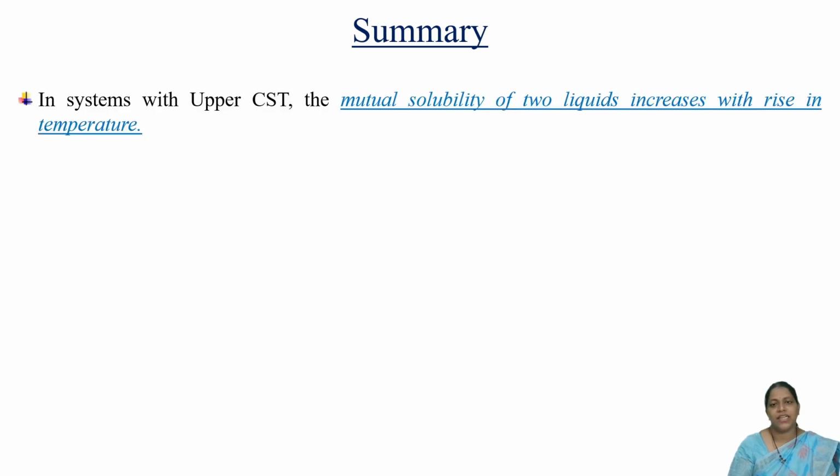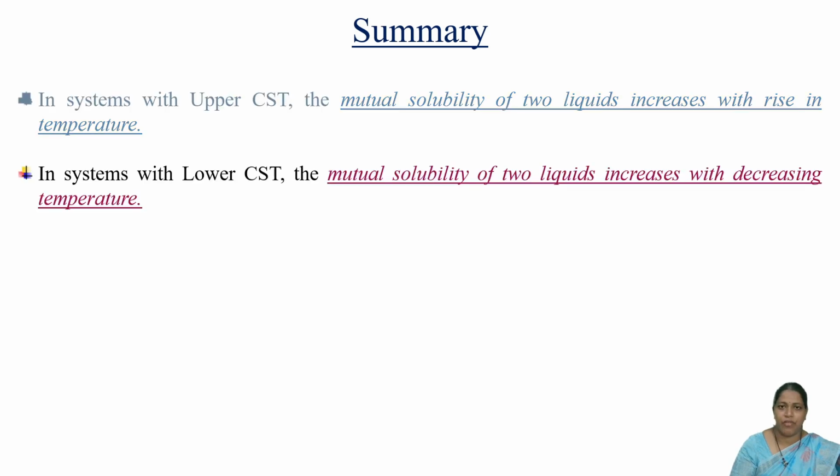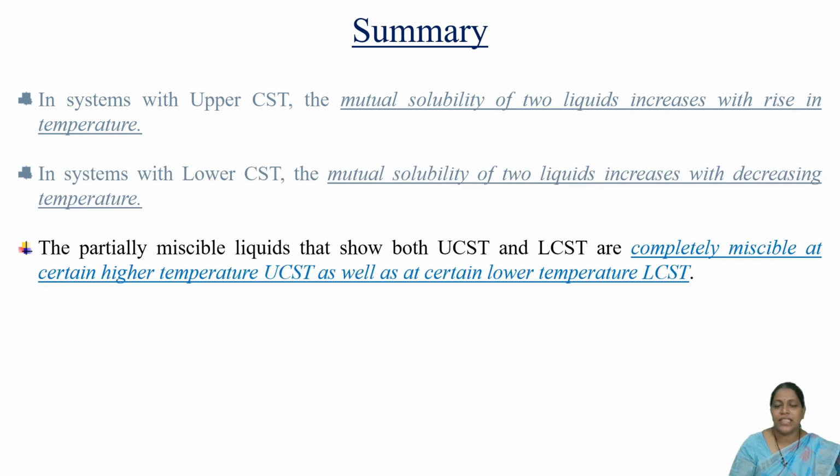We discussed that in the systems with upper critical solution temperature, the mutual solubility increases with increase in temperature, whereas in the systems with lower critical solution temperature, the mutual solubility increases with decrease in temperature. Whereas in the systems with both upper and lower critical solution temperature, the mutual solubility increases at certain higher temperatures as well as at certain lower temperatures.